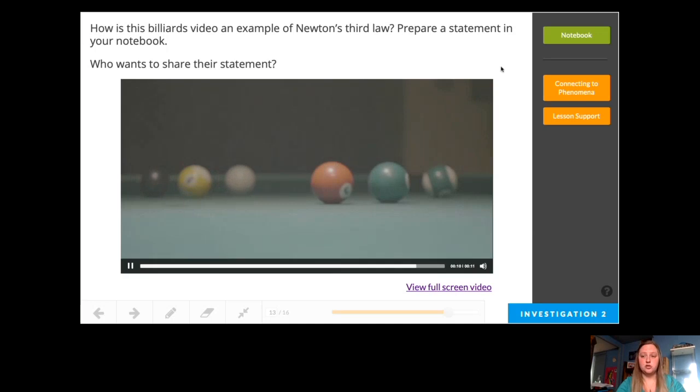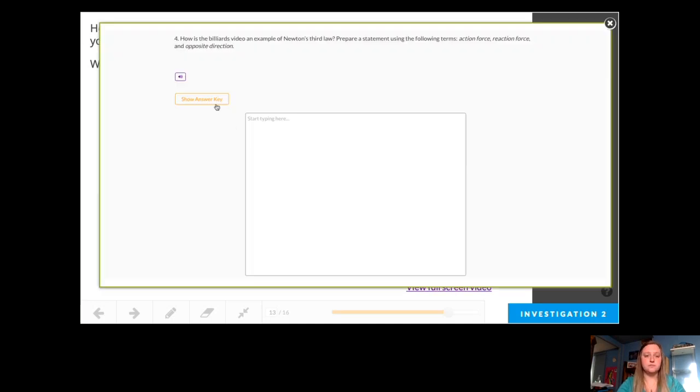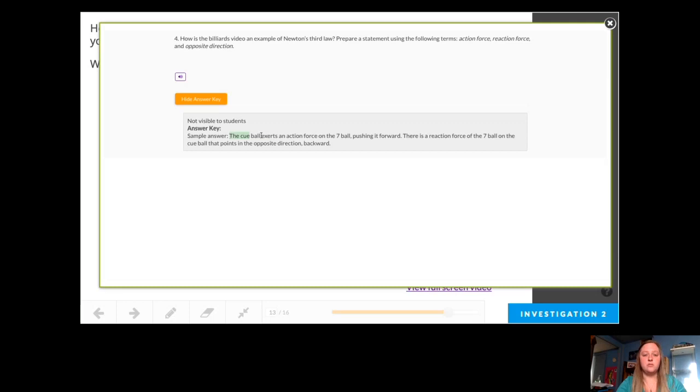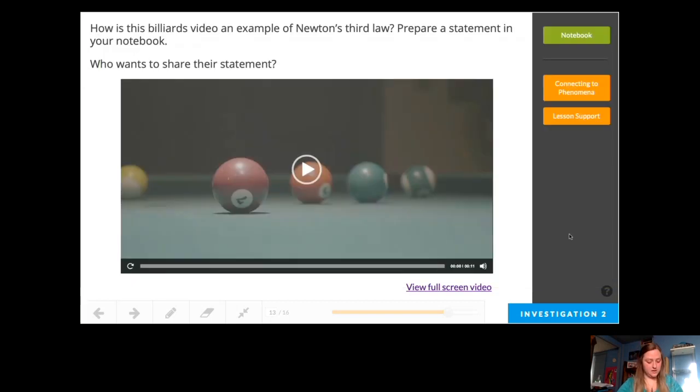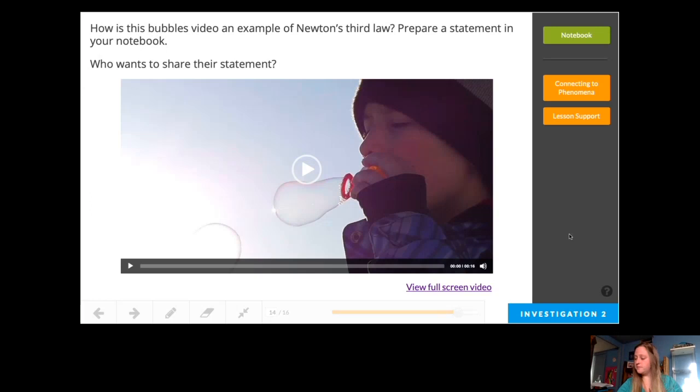Again, the cue ball exerts an action force on the 7 ball, pushing it forward. There is a reaction force of the 7 ball on the cue ball that points in the opposite direction, backward. So let's do another example here.